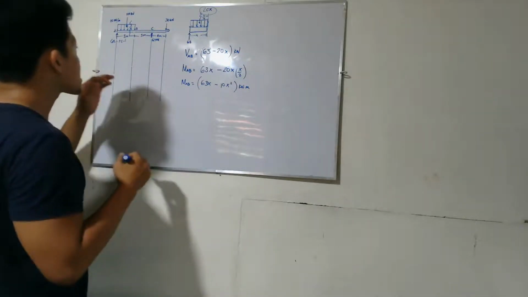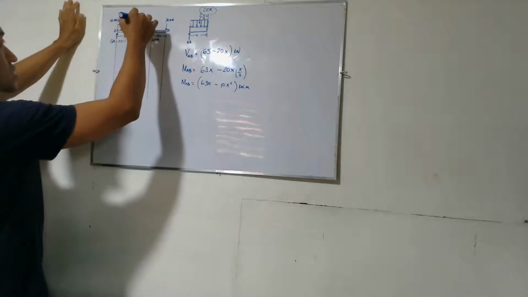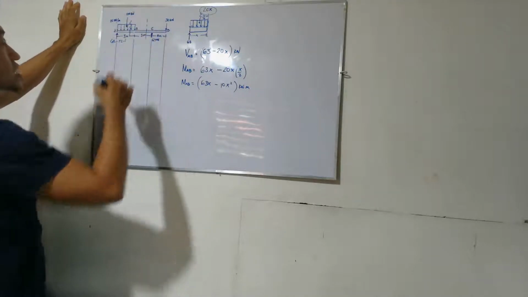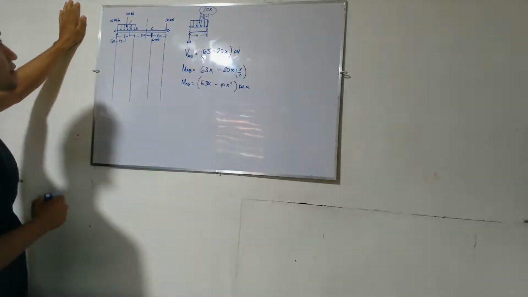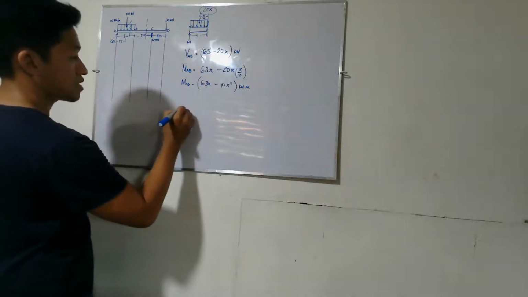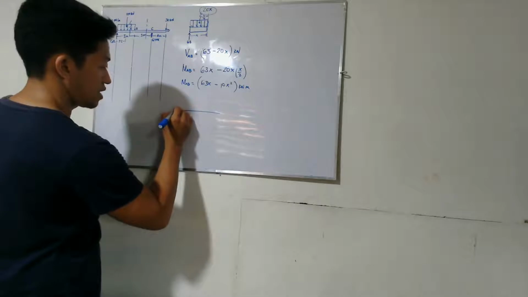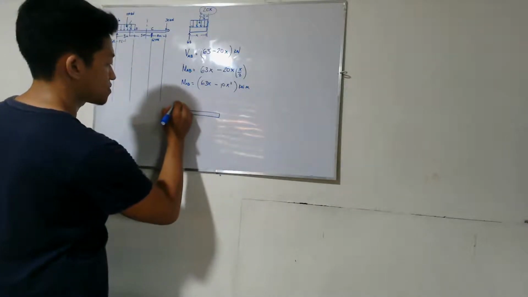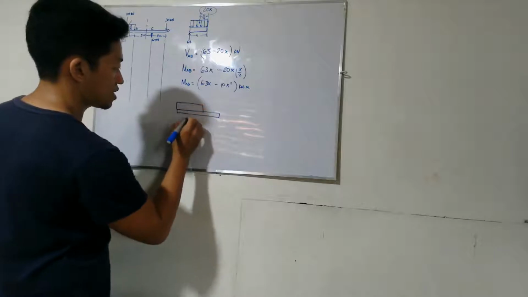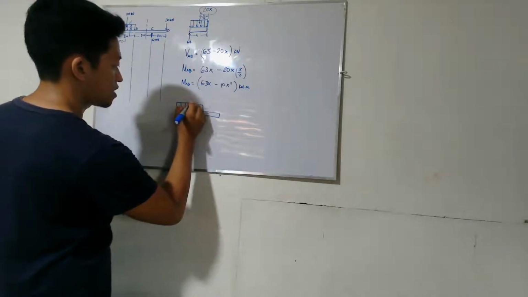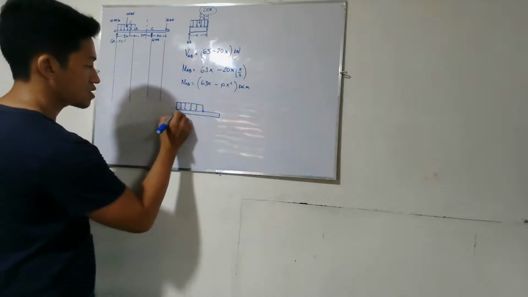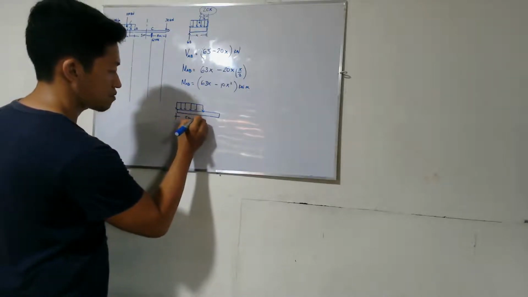Sige, mag-cut na po ta for section BC. So, diri, cut ta diri. Cut ta diri. So, kung i-draw na to na siya, this is 5 meters.